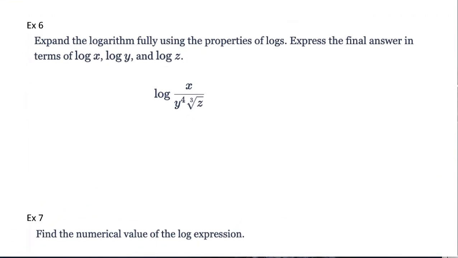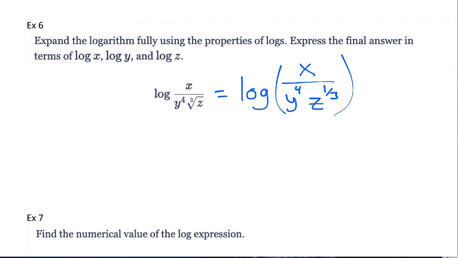A little bit more confusing, but remember that this would be the same thing as writing log x, this is y to the 4th, z to the 1/3. So we can do this all at once. We could write this, well, I'll do it in 2 steps actually.